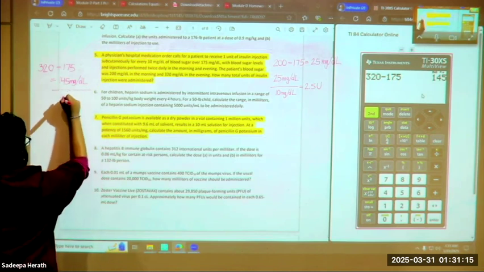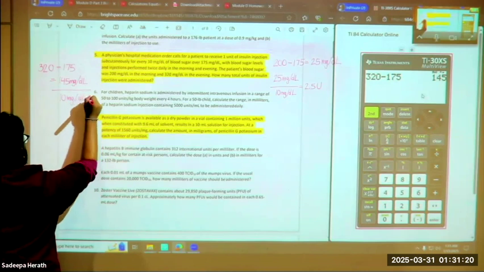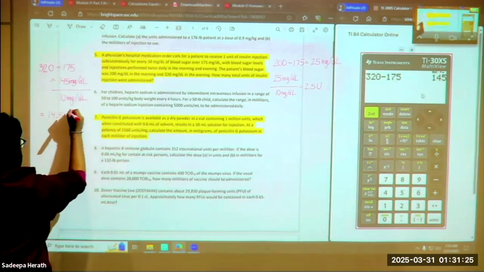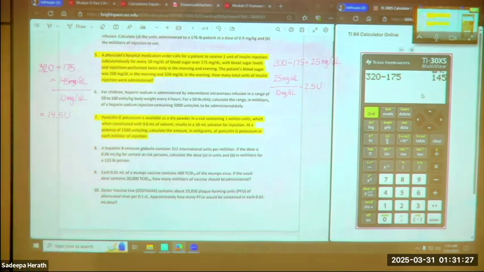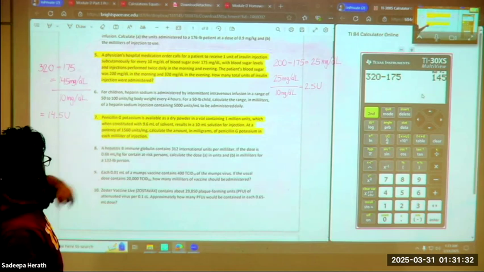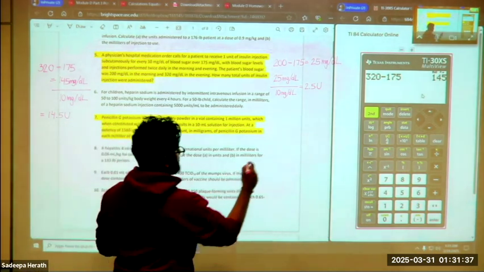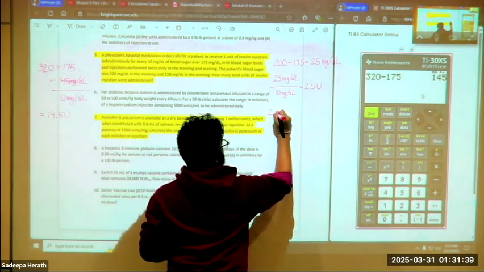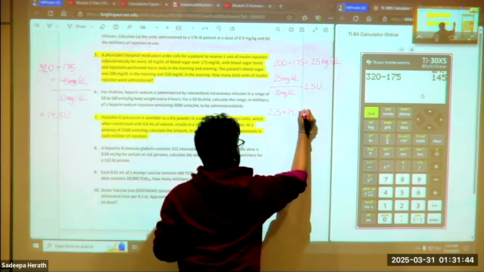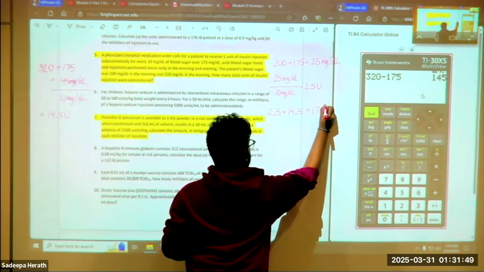Okay, divide that as well, just like we did last time, and we'll get 14.5 units. Morning dose, evening dose. They want to know how many total units of insulin were administered, so just simple addition, morning and night. 2.5 plus 14.5 equals 17 units.